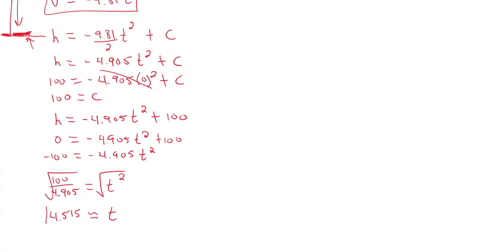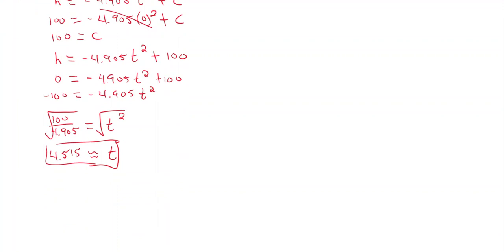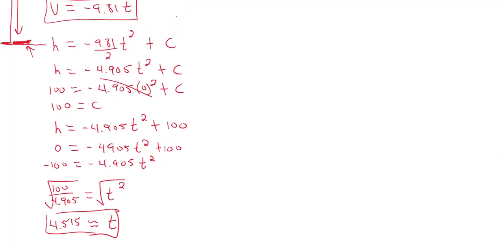Okay, so that's our time. Then we're going to go back to our velocity function and plug that in. So velocity is equal to negative 9.81 times the number we just found, 4.515.